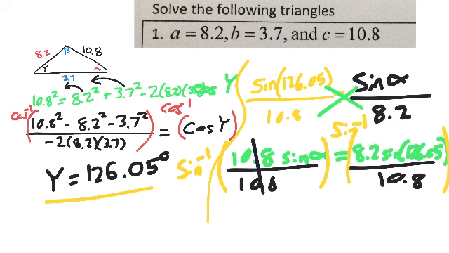That's going to give me alpha equals, and then in my calculator, I've got the inverse sine of 8.2 times sine of 126.05 in the numerator, divided by 10.8 in the denominator. And so I found alpha is 37.87.